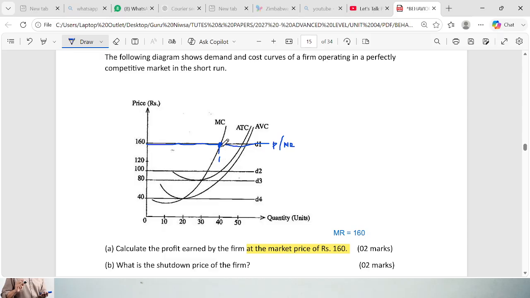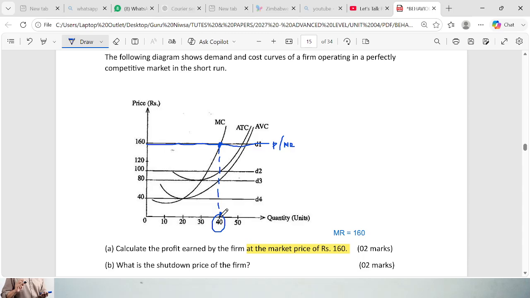Mark the point where MR equals MC and then come vertically downward until you meet the quantity axis. At the quantity axis, there should be a particular quantity. That quantity is the profit maximizing output level. Here, the profit maximizing output level is 40 units.